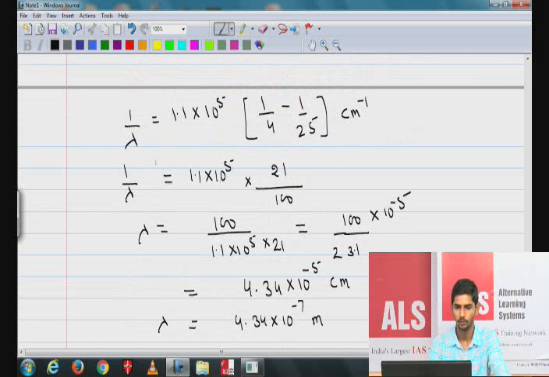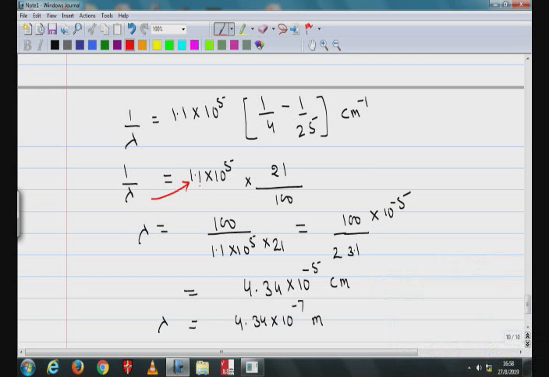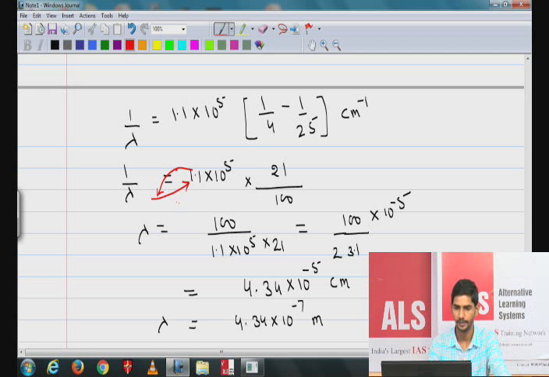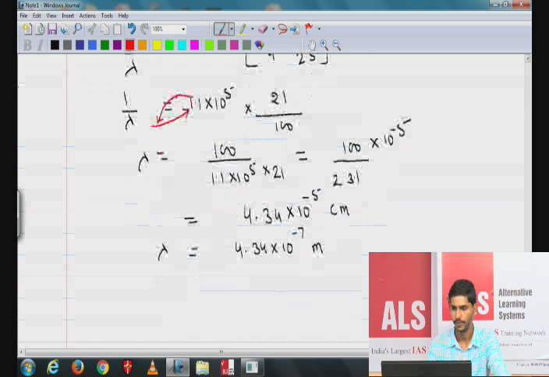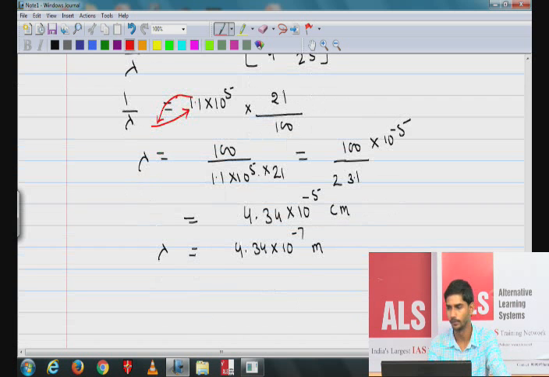After that, you will reciprocate it. This will transfer over there, and this one will be transferred here. So finally you get lambda equal to 100 upon 1.1 into 10 to the power 5 into 21. After solving all this equation, you will finally get this value.